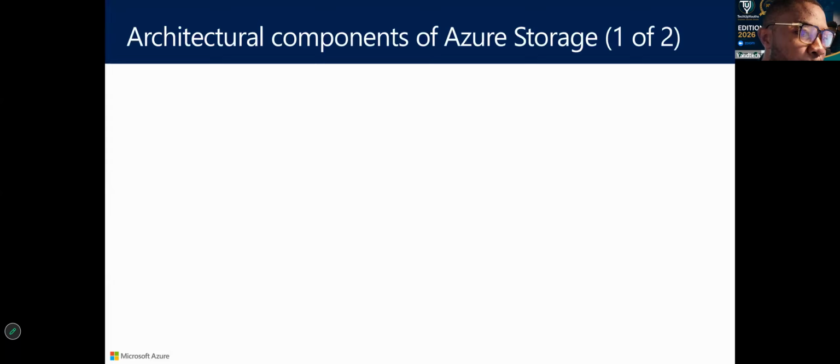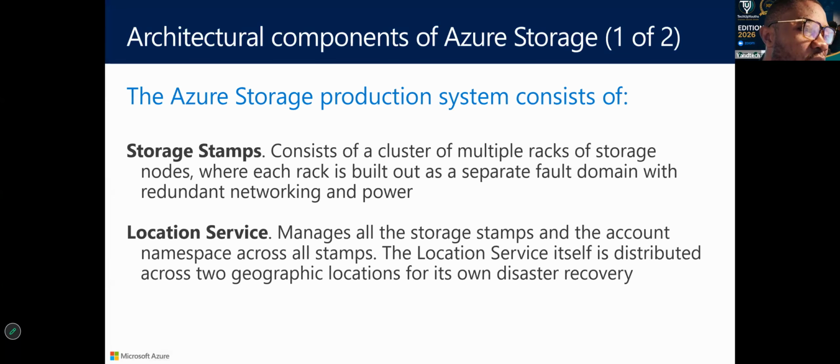So now, talking about the storage stamp, we said it consists of a cluster of multiple racks of storage nodes where each rack is built out as a separate fault domain with redundant networking and power. So each of these different storage core services we are going to be talking about are being structured, when it comes to production, in two ways.